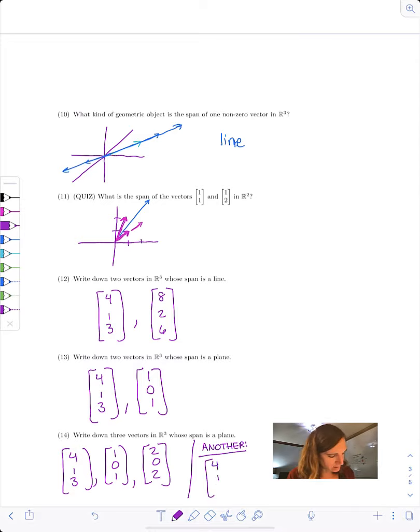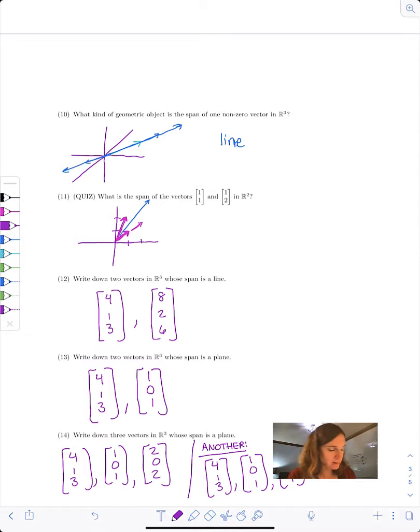If we take our vectors 4, 1, 3 and 1, 0, 1, and take the sum of those, 4 plus 1 is 5, 1 plus 0 is 1, and 3 plus 1 is 4. Well, that vector 5, 1, 4 was in the span of 4, 1, 3 and 1, 0, 1.